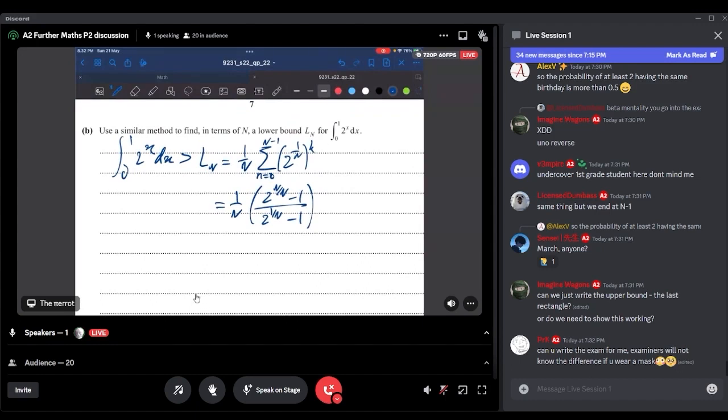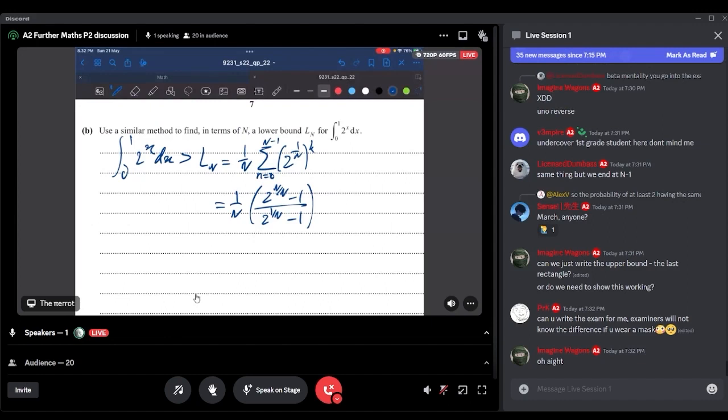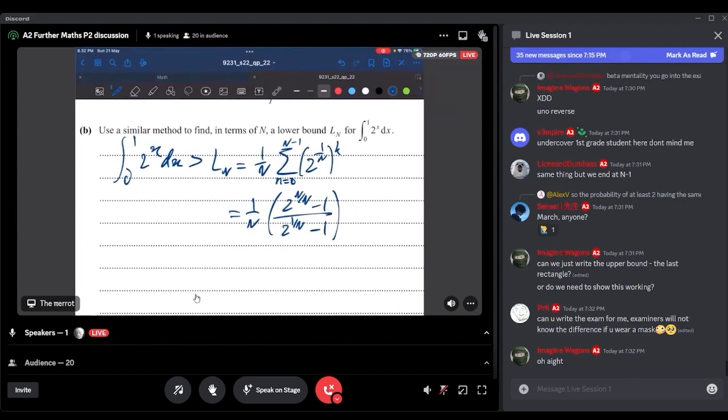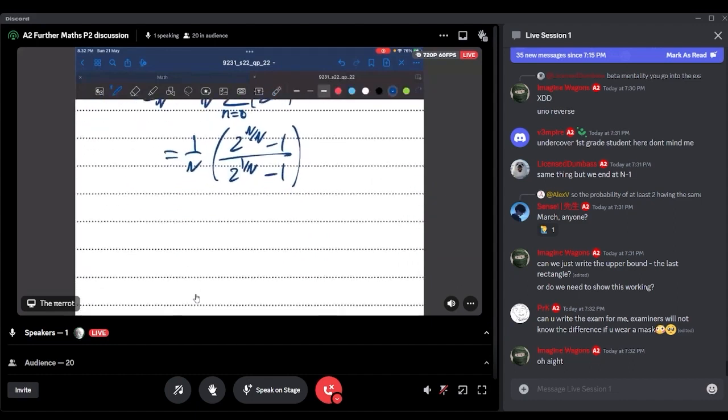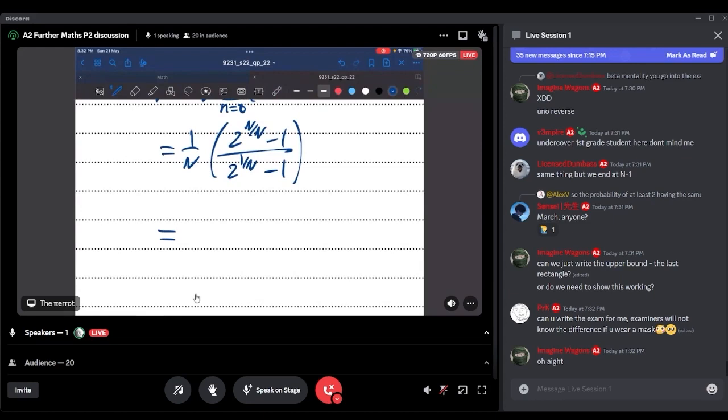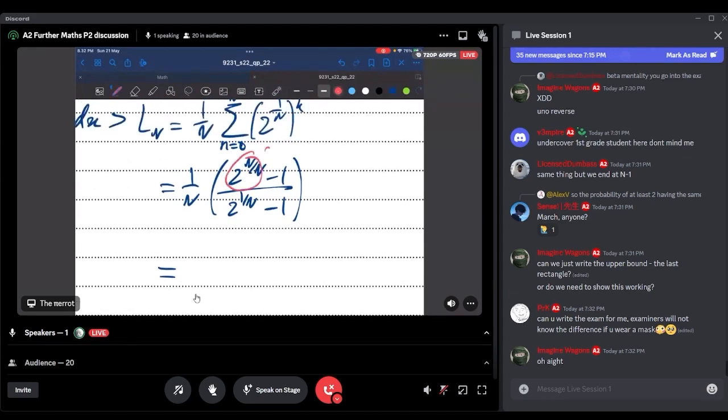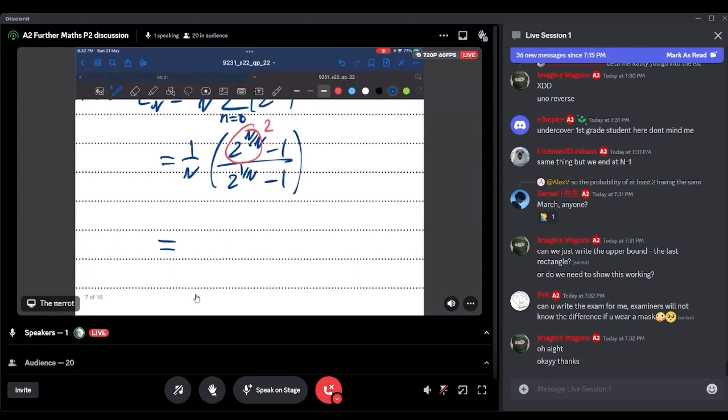Even in the marking scheme, it just says this is greater than this, and then you just have to solve whatever that is. So just simplify. This is just 2, so you have 2 minus 1, that's 1, 1 over, and so on. Okay, and that's your answer.